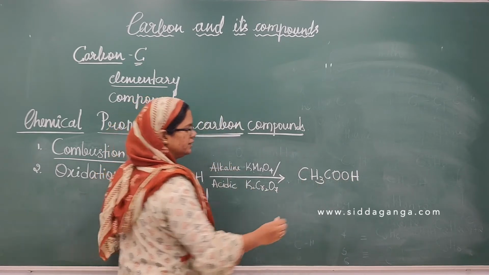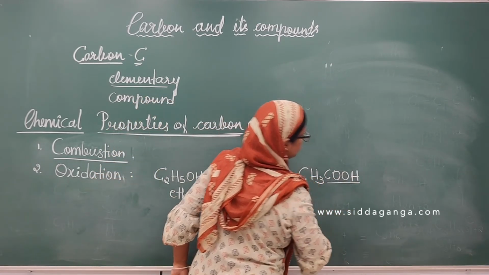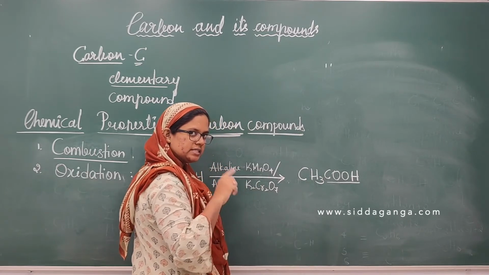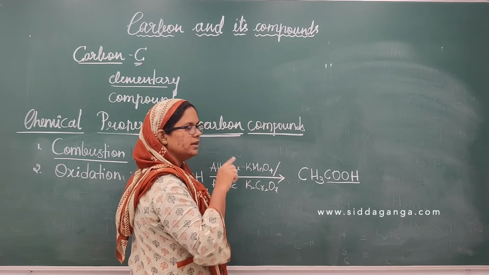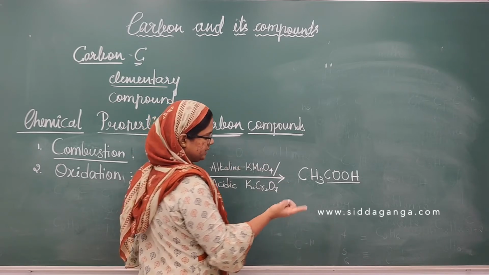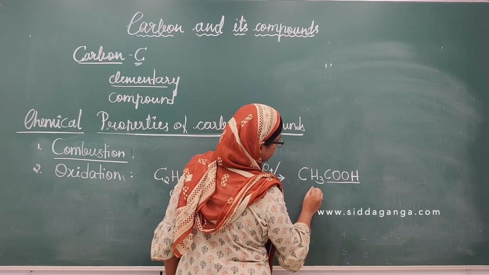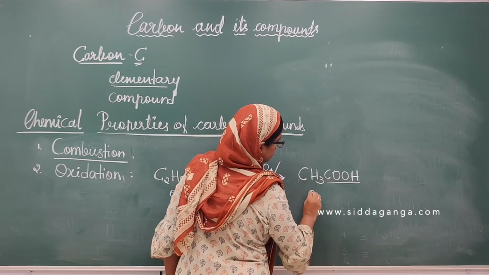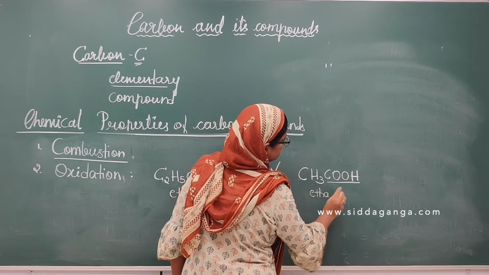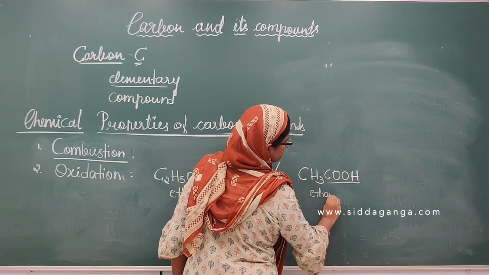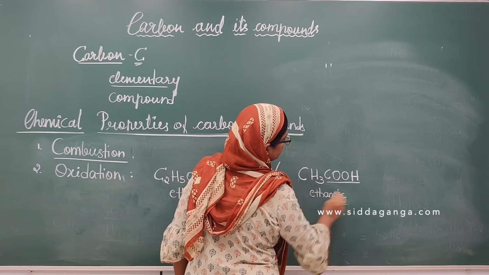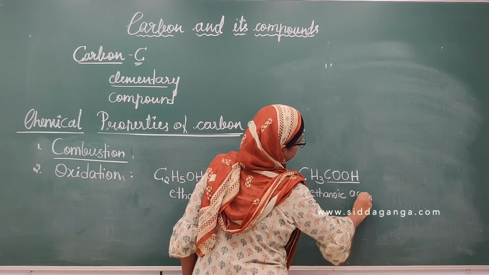We know that the COOH group indicates acidic nature, that is, a carboxylic acid. How to name this? Two carbon atoms are there, Eth, and the carboxylic group is there, oic: ethanoic acid.